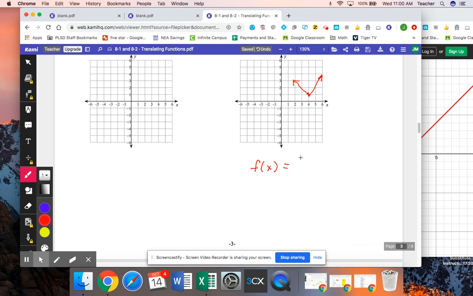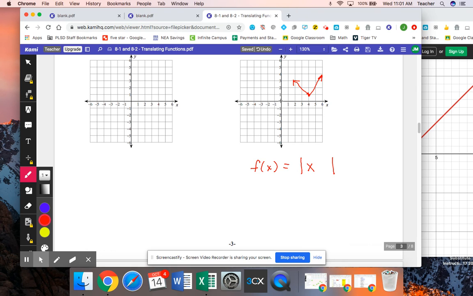Because it's an absolute value, the first thing I want to do is put absolute value marks, put an X there. Actually, let me not do that. I usually don't. I just thought I would this time. I just kind of wait to see what it shows me. So if I put that there, that's the basic idea. Now it's going upwards, so I want this to be positive, so I'm good there.